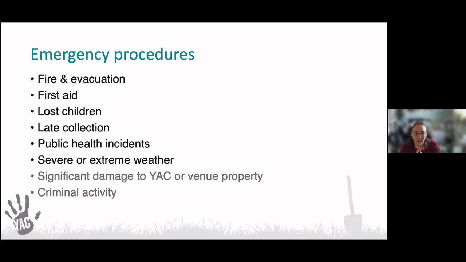So if you can fill in an incident form with as much detail as possible and then send it to Joe, because then YAC is aware of it, and if there's anything that YAC and CBA have to do to support you, they can do that as well.